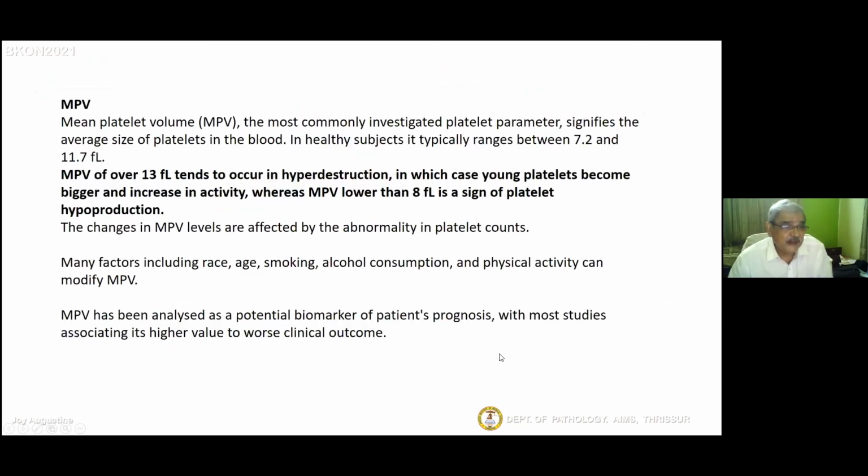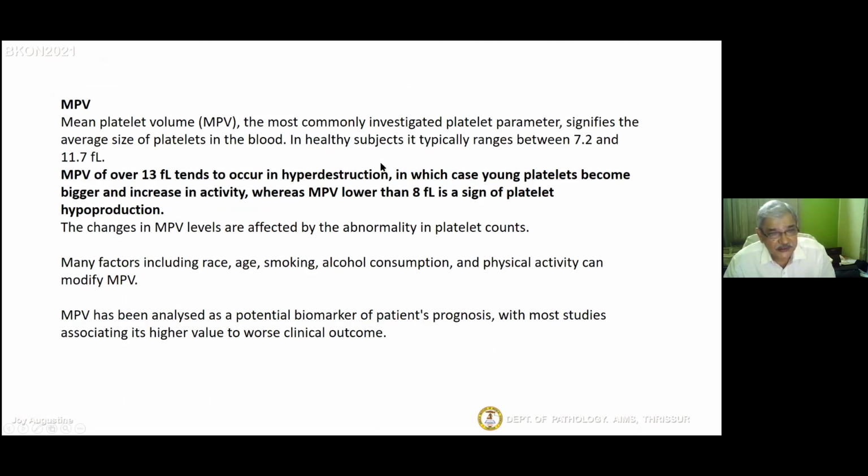The mean platelet volume is the most commonly investigated platelet parameter and signifies the average size of the platelets. It's typically between 7, we already mentioned that. MPV over 30 is generally a feature which you see when there is peripheral platelet destruction.